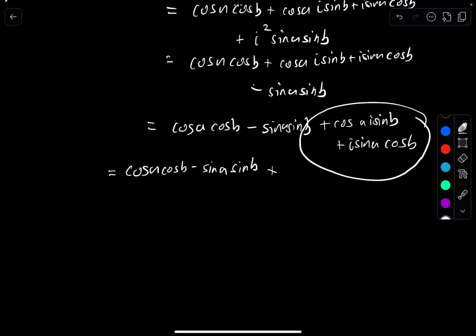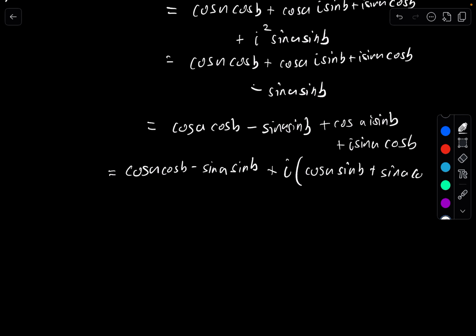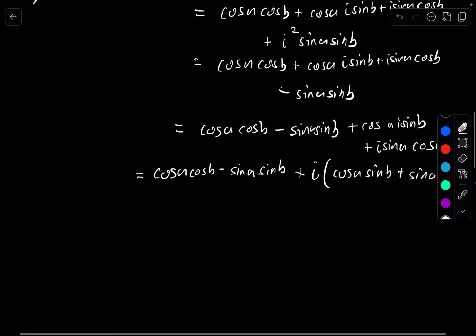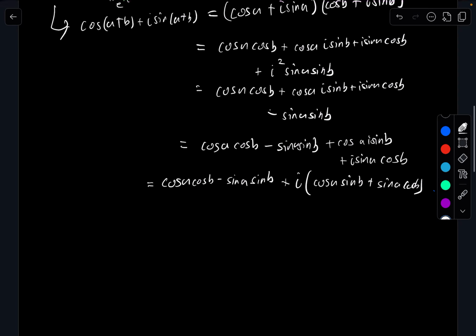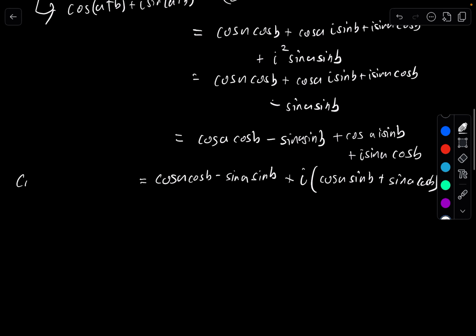And from this, we can factor out, in this little box, an i. So this is really just i times (cosine A sine B plus sine A cosine B). And we just said that this is really equal to cosine of (A plus B) plus i sine of (A plus B).